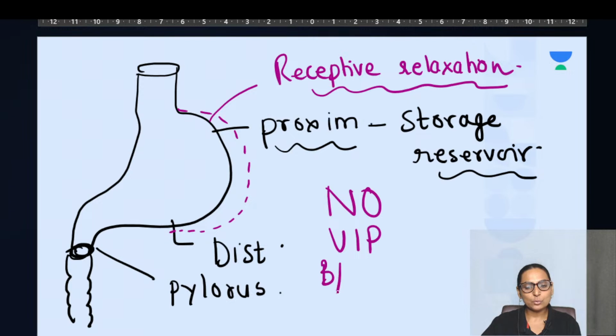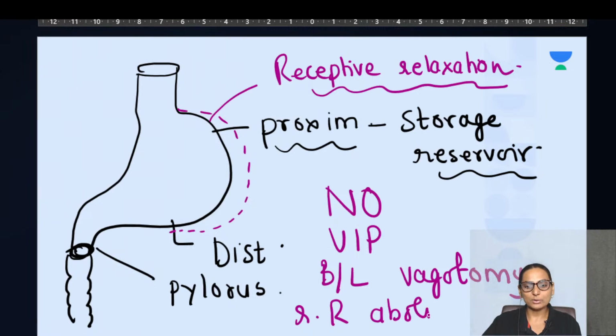And therefore, if you go for a bilateral vagotomy, receptive relaxation will be abolished. So the proximal part of the stomach has to store the food.